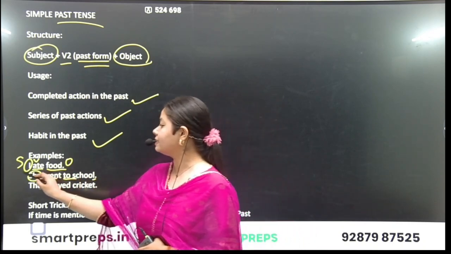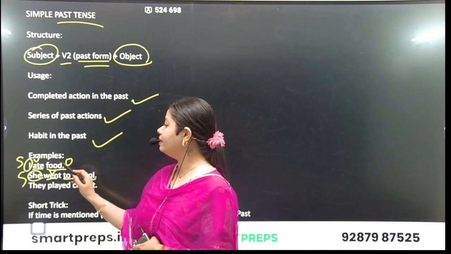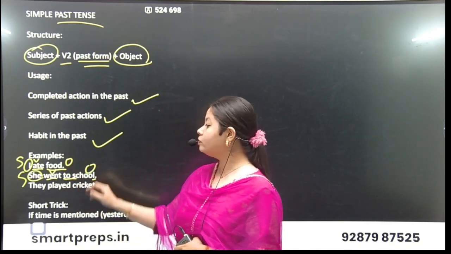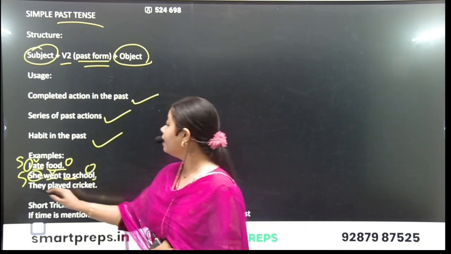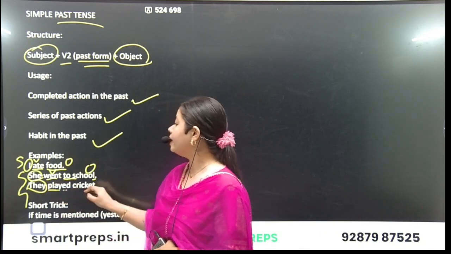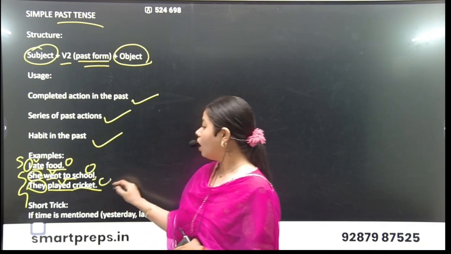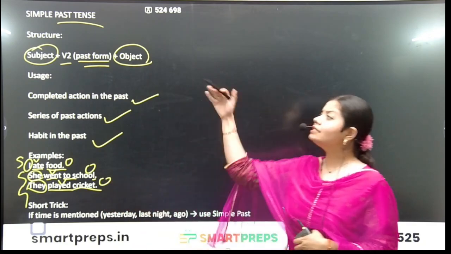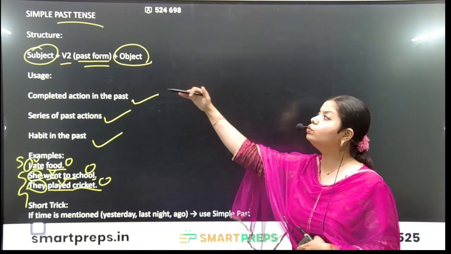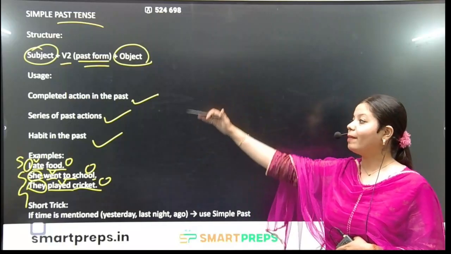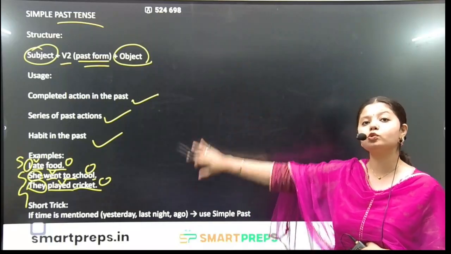She is the subject, went is the verb in the past form, school is the object. They played cricket. They, subject, played, verb in the past form, and cricket is the object here. So this is how the structure and the usage of the simple past tense with some examples we have understood.